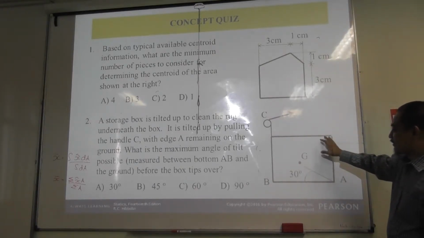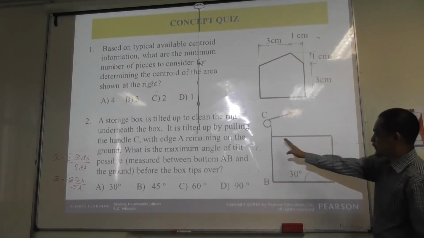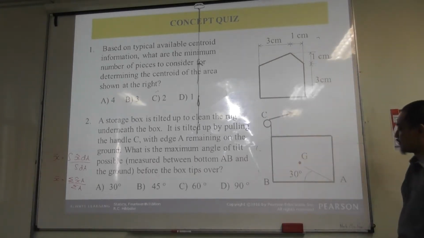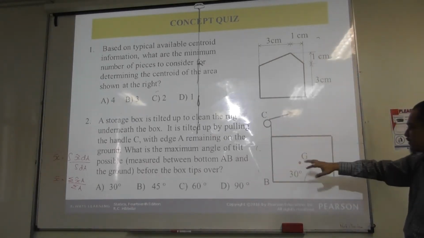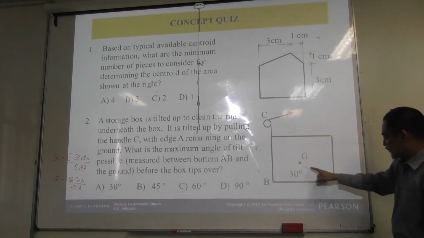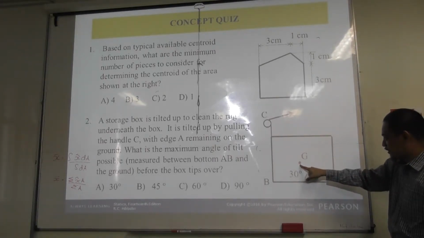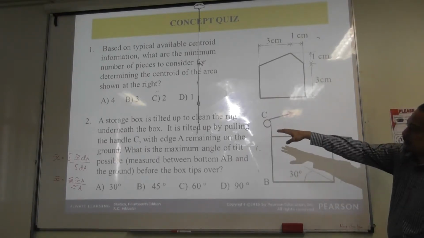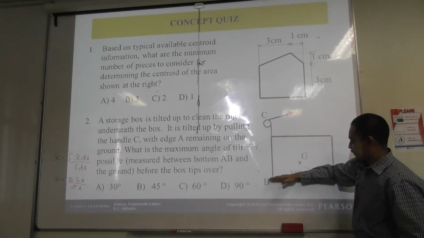A storage box. Just imagine this is a box where this is the handle and this is a force pushing that way. This is related to the previous chapter. This is the location of the center of gravity, which makes 30 degrees there. The question says if you push it this way, the box will tilt like this.